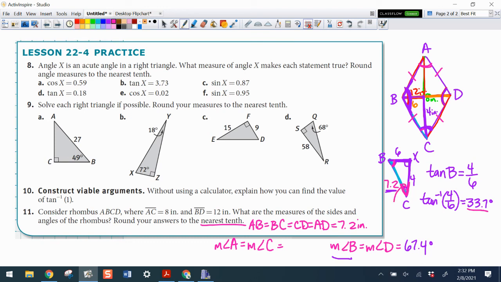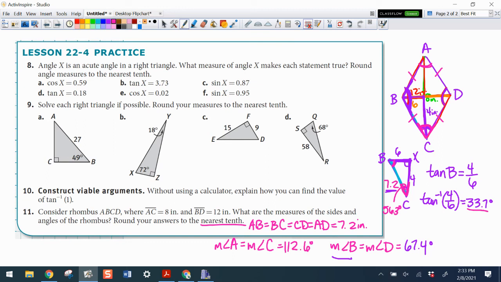So the measure of angle C in this right triangle is 56.3 degrees. Now remember, that's only half of the original angle from the rhombus. So if we know this part is 56.3 degrees, we can double it to find the original angle, which would be 112.6 degrees, which is actually the measure of angle A and the measure of angle C.